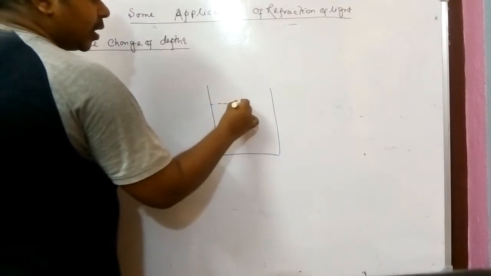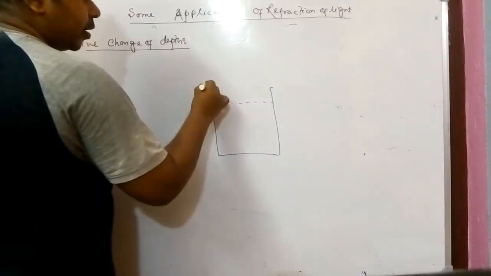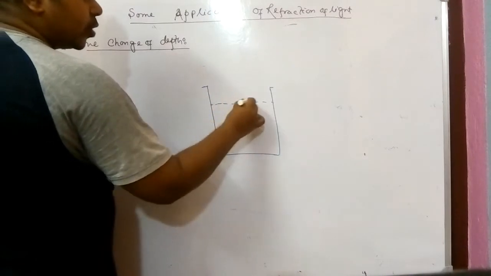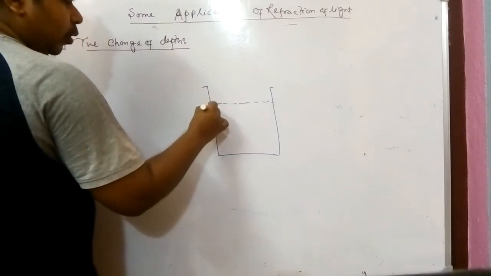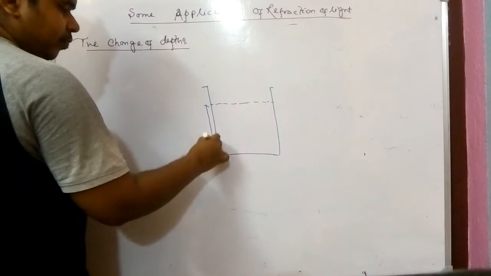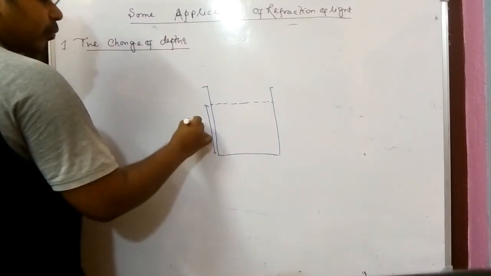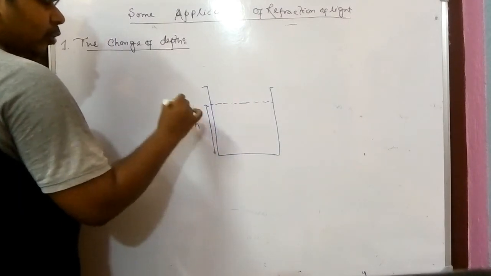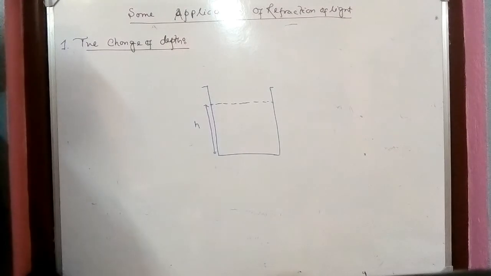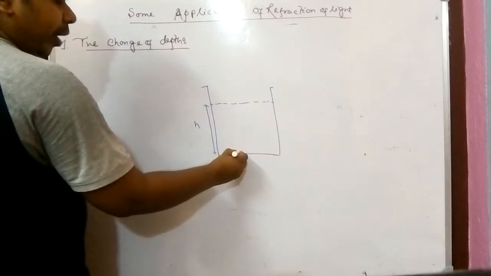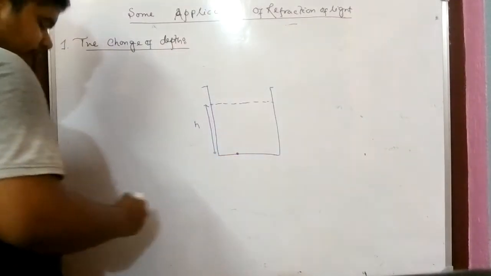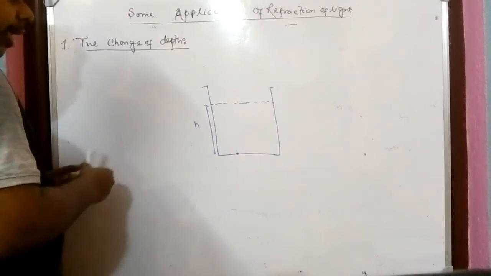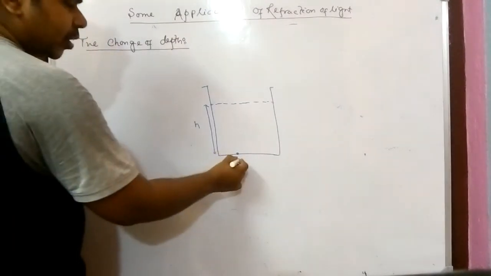So assume it is a glass, and we have filled water up to this point. If I'm talking about the depth, this is the original depth of the water. We have denoted it by H. Clear? I'm taking one point here, and that point we have given the name O.